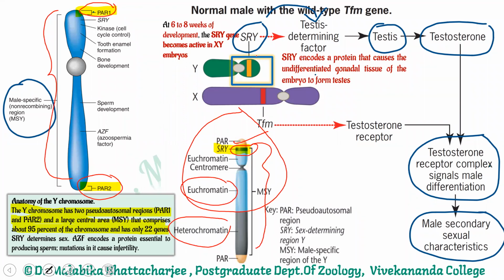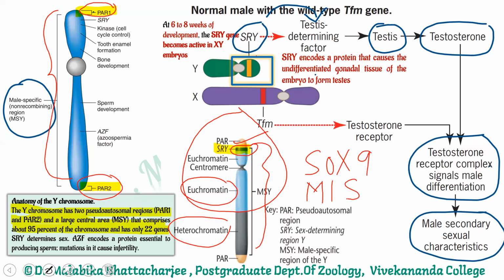One is the human SOX9, which when activated leads to the differentiation of cells that form the seminiferous tubules that contain male germ cells. So this is one target. The second target, which I explained while explaining the earlier slide, was the Mullerian inhibiting substance gene.